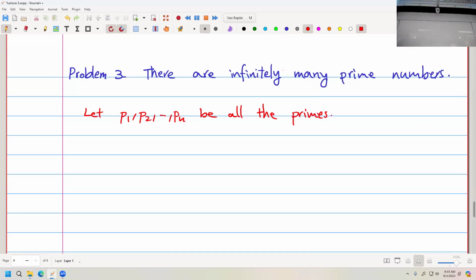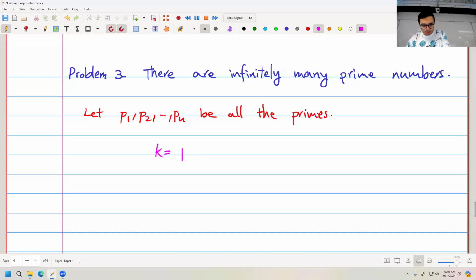I'm going to look at the set of all the numbers that are bigger than the product of these prime numbers, and I'm going to look at the smallest number there. But in this case, because the set is so easy to define, I can just immediately say what the number is.